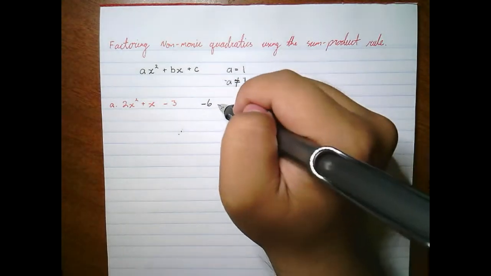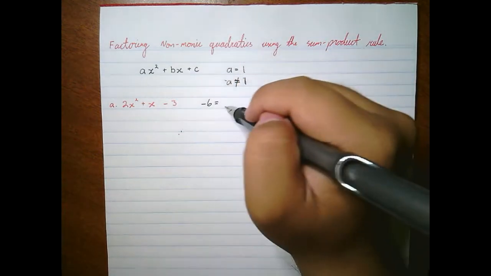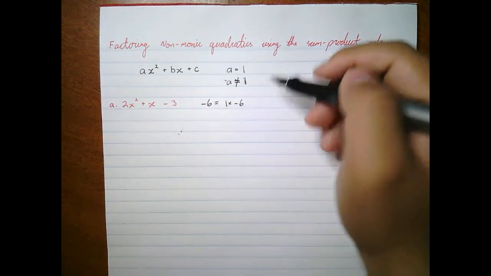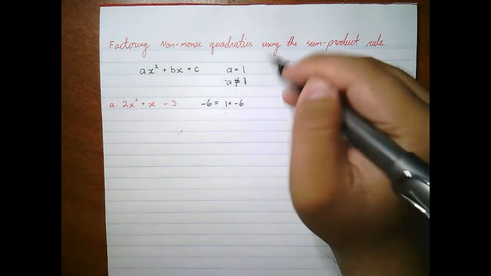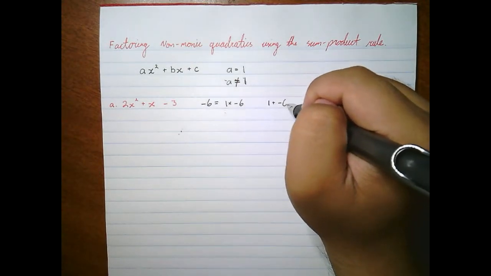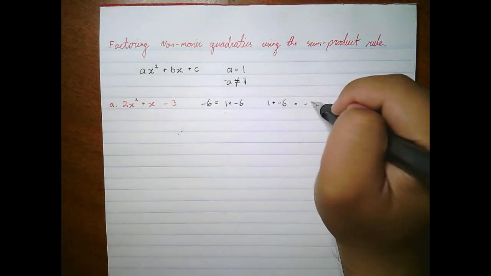Okay, let's just start listing them out. We can have 1 times -6, that works. Now let's see if this adds up to +1. So it's 1 plus minus 6, that's really 1 take away 6, which is -5.